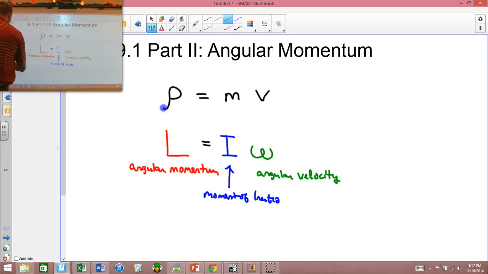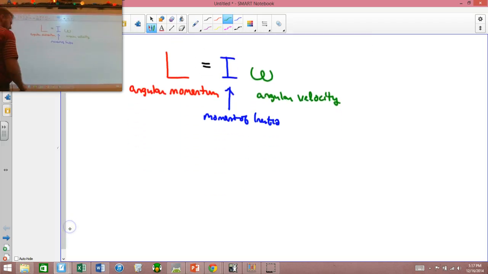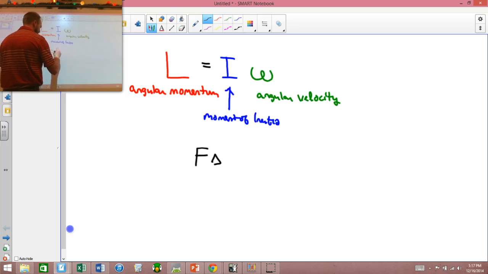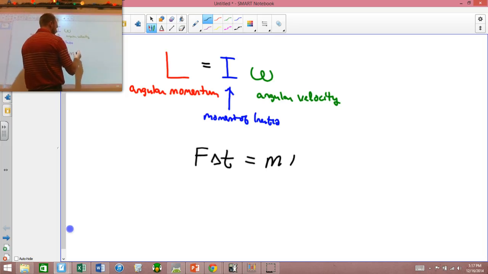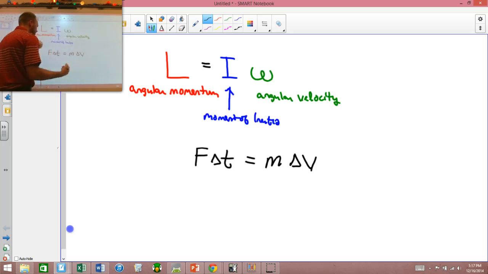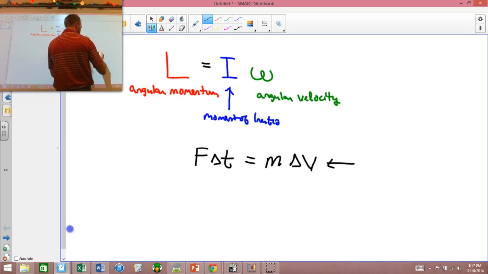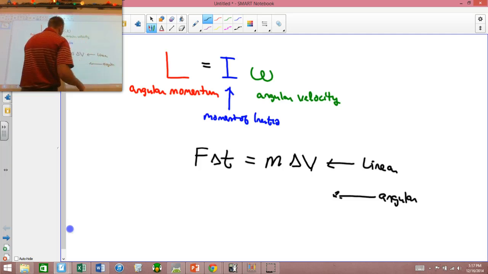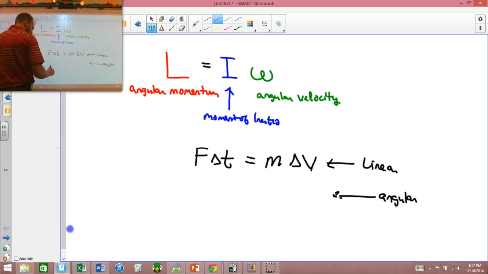And just like we had before, we had that impulse momentum theorem, F delta T equals m delta v. There's also an impulse momentum theorem for angular momentum. So instead of force, we're going to use torque times your change in time.